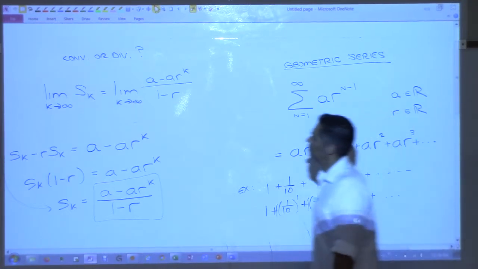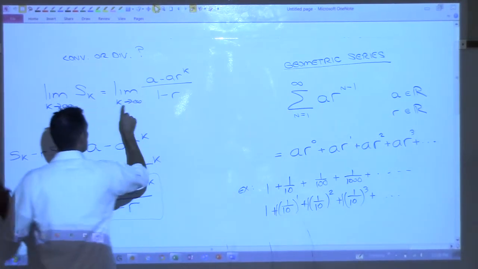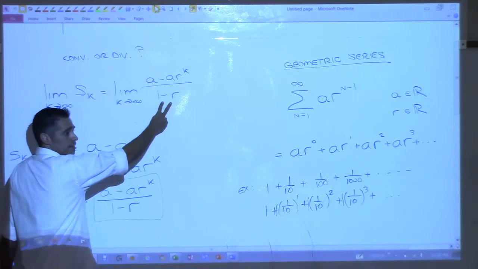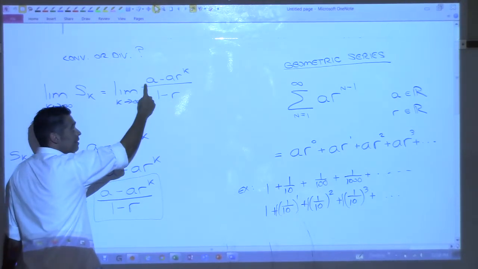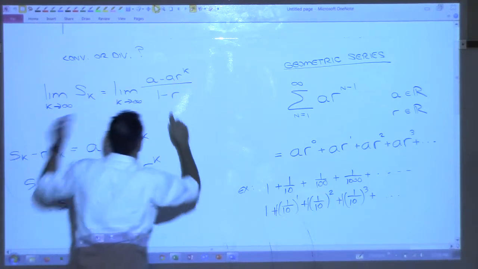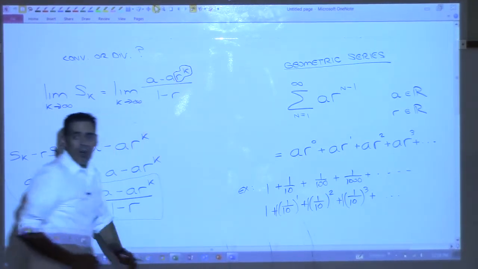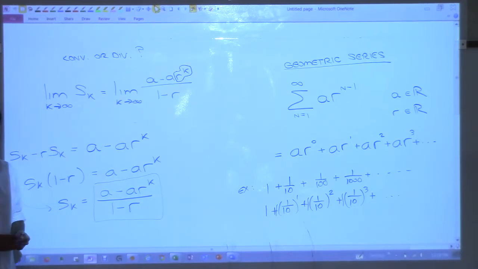K is going to infinity, right? The denominator doesn't have a k in it. The only thing that has a k in it is this right here. What does r to the k do if k goes to infinity? It depends on r.